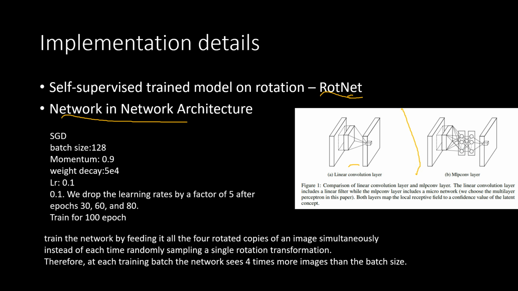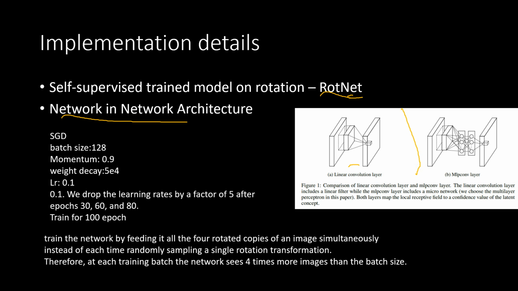Whereas in network in network architecture, there is usually a multi-layer perceptron in between the local receptive field and the output. So the output of the conv layer passes through this MLP, and then it is mapped to an output in the feature map. So that's the difference, and the authors have used this network in network architecture.